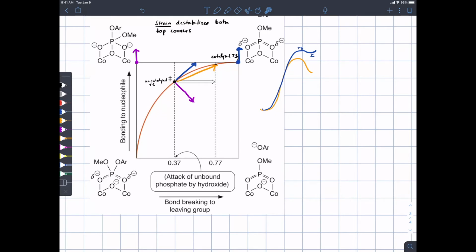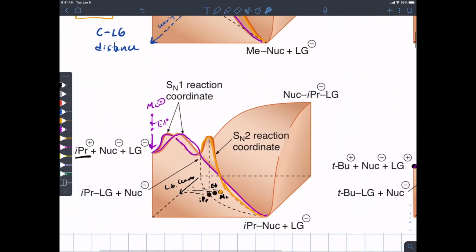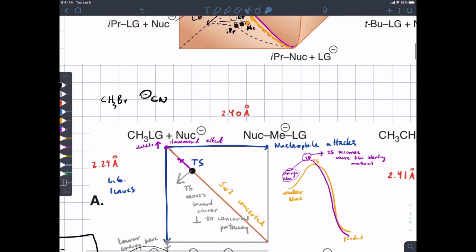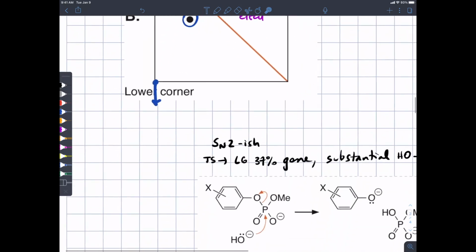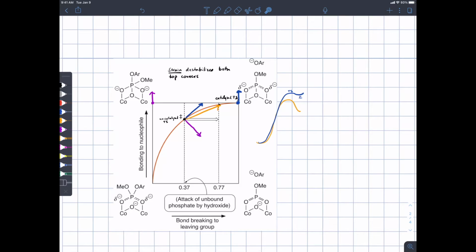I guess you're getting an incomplete picture because this is only showing you the lowest energy pathway through this potential energy landscape. In reality, what we would have done is we took both edges and raised them up in energy. Perhaps the way this example is illustrated isn't that great.